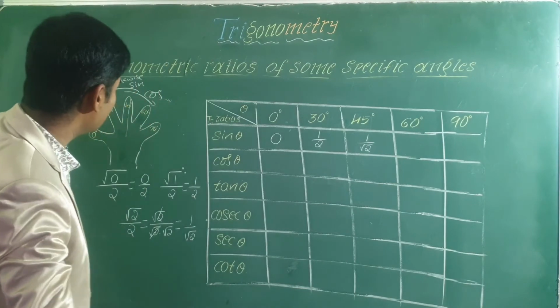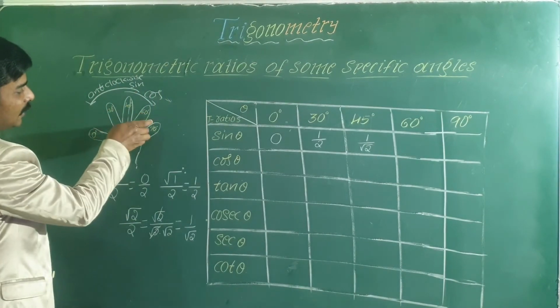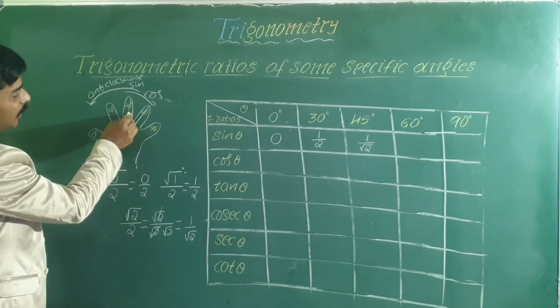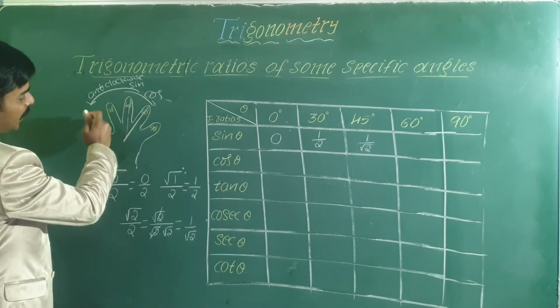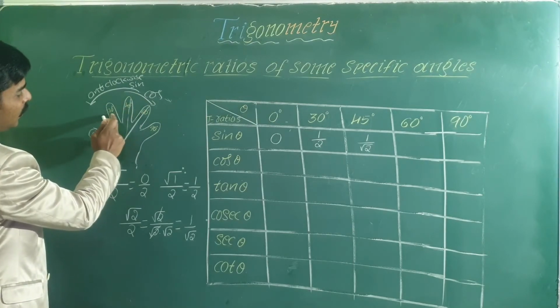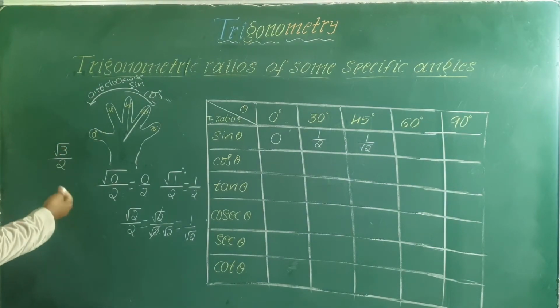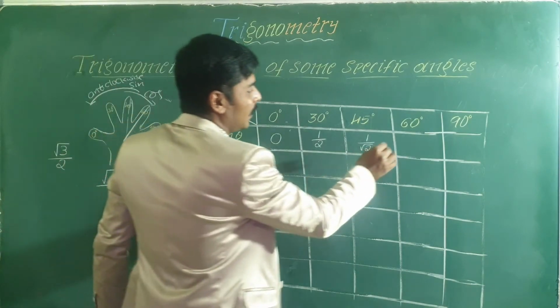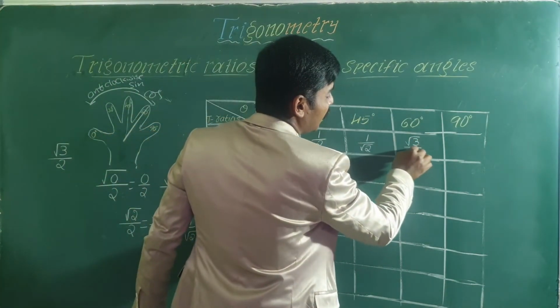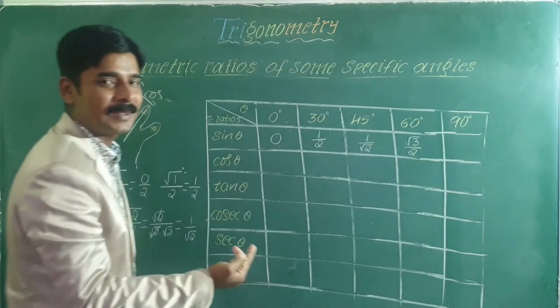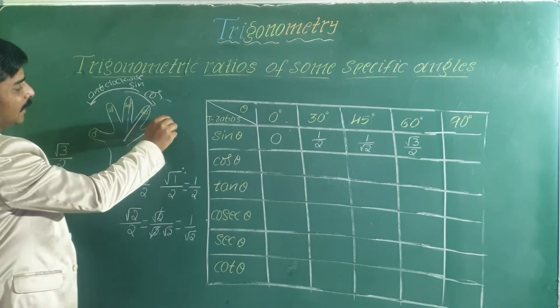Now you tell me what is sine 60. How many fingers are there to the left side of 60? 1, 2, 3. Therefore, it will be square root of 3 divided by 2. So root 3 by 2. Similarly, what is sine 90?